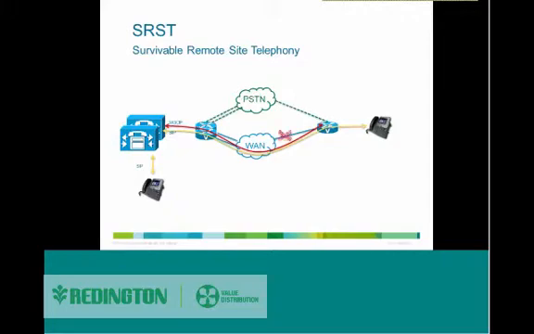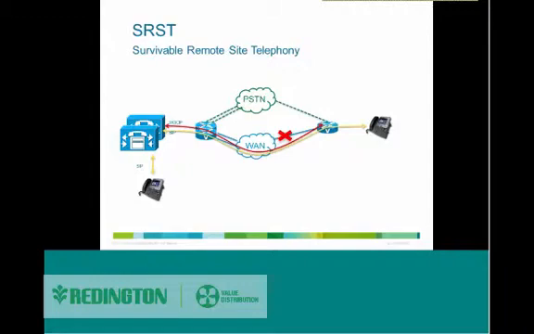When we have a WAN failure, the IP phones connected over the WAN will lose their registration with the Call Manager. Normally the Call Manager holds the services, offerings and configuration related to the IP phone.